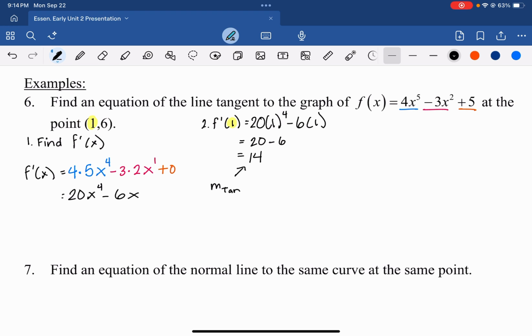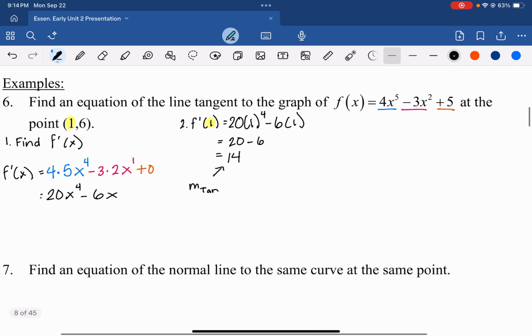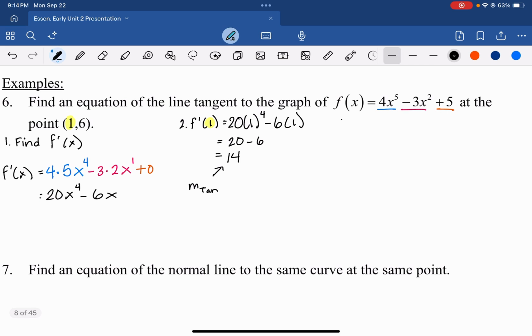But ultimately, we want to find the equation of our tangent line. So the last step is to write our equation, and we're going to use point-slope form: y minus y1 equals my slope times x minus x1.